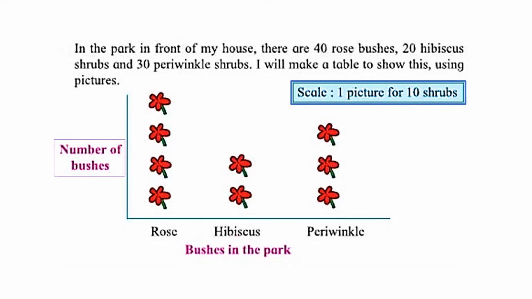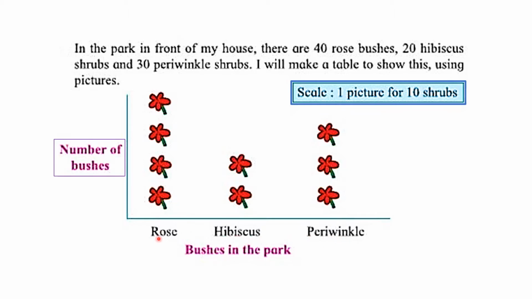Now let's see how we can read this pictograph of the flower from example. So students, here is the title, bushes in the park. Here number of bushes are given and these are the types of bushes.